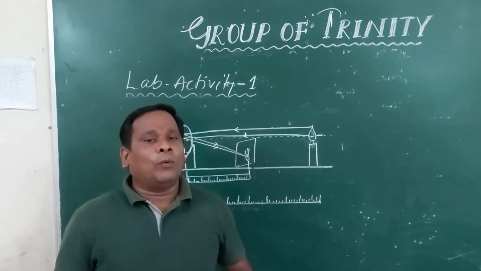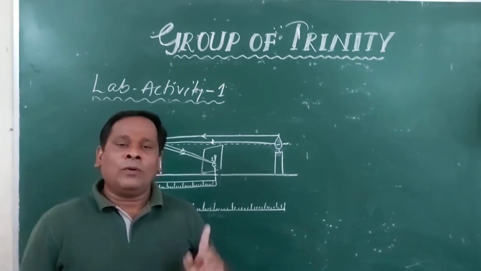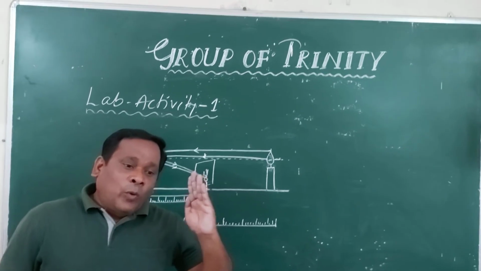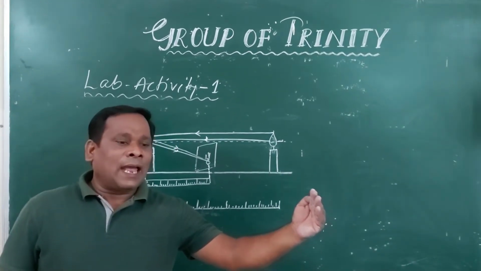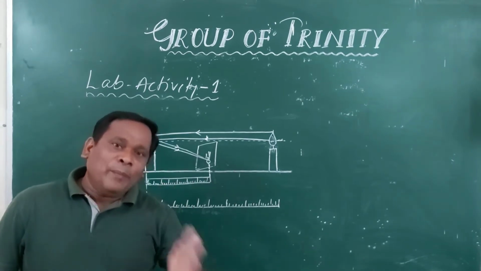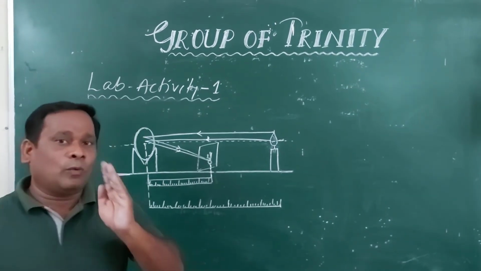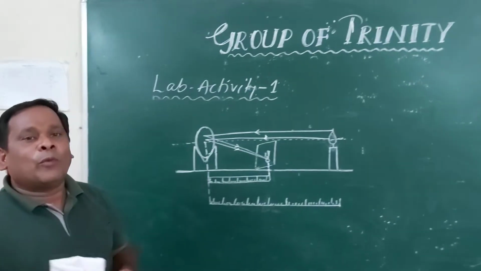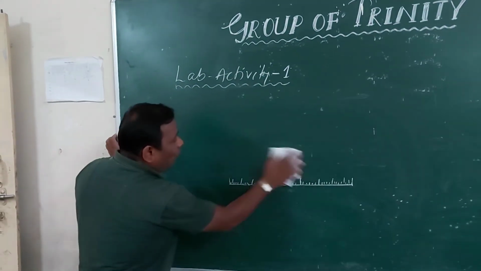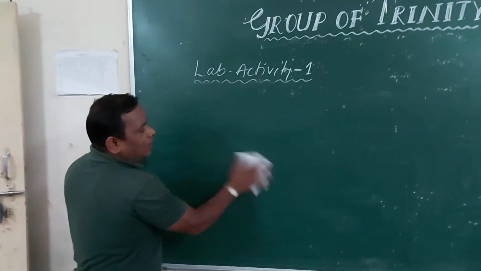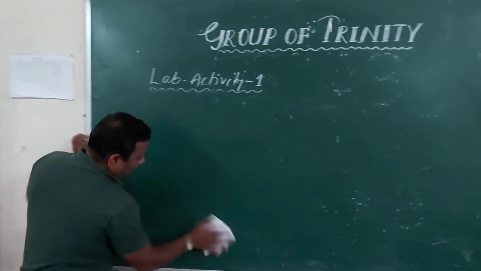One by one I am going to teach you how, as the position of the object changes, the image position also changes. Step by step I am going to clear your doubts, and I hope you will enjoy this lesson very well. Okay, it is very important.